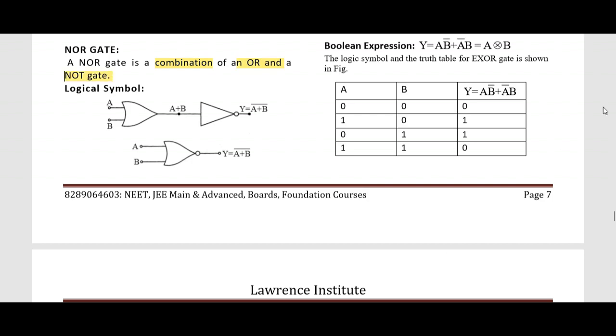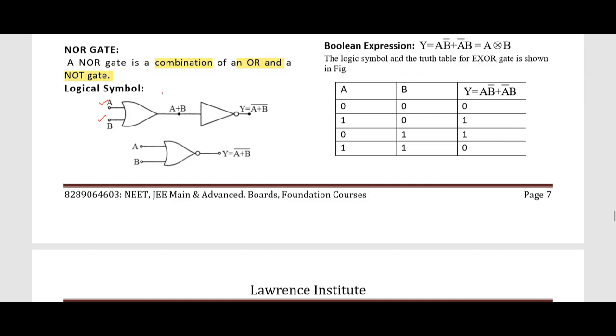Now, in this symbol, this is the symbol of, you can say, OR gate. This A and B is the input. A is input, and then B is input, and here we get output.